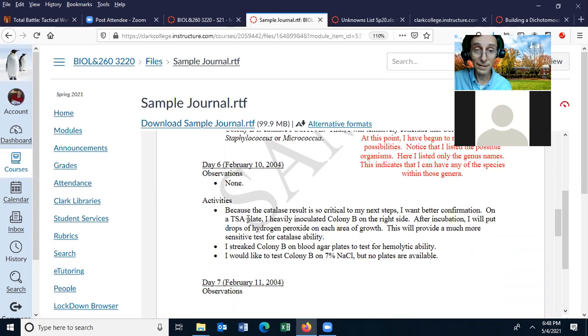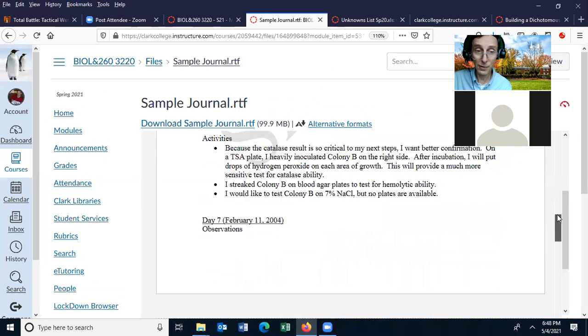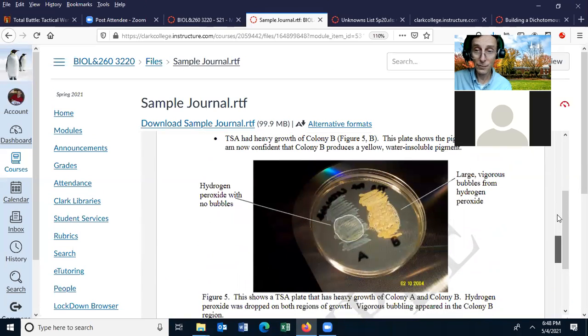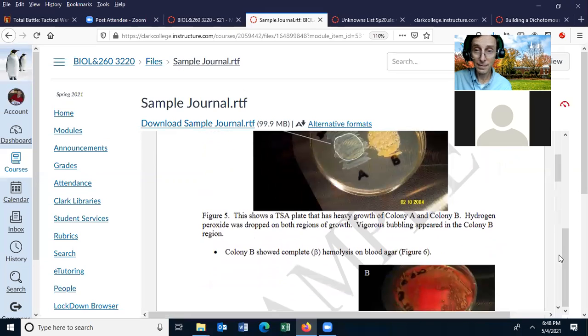And then the activities, these will be the tests that you're going to run today after you've made your observations. And then, he doesn't have it here, but the next thing you do would be the conclusions for your observations. And of course, there's no conclusions because there's no observations. But let me scroll, and I'll show you where he's got it.